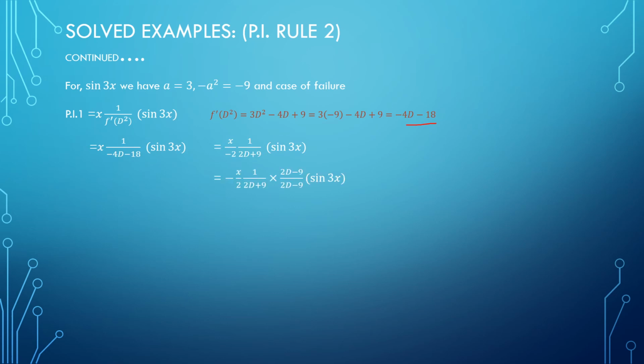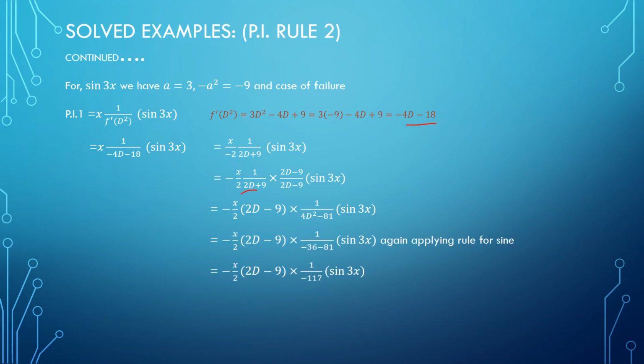I'll take 2 common, 2d plus 9, and then this 2d plus 9 I can simplify by multiplying and dividing by 2d minus 9. And just like we worked in the earlier example, we'll get the particular integral first part as this bigger expression.